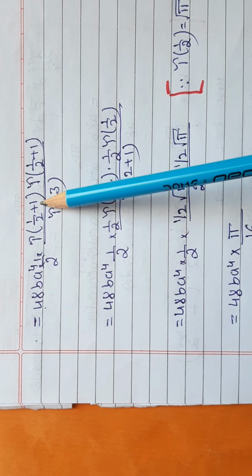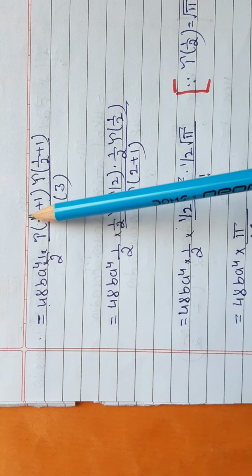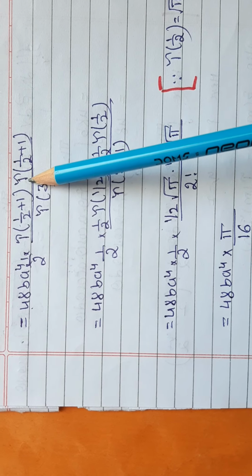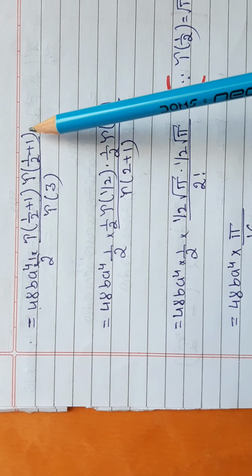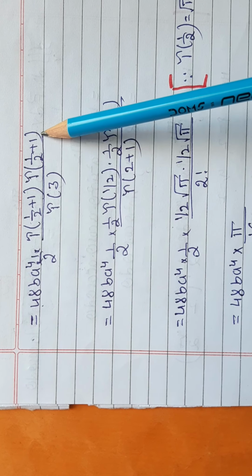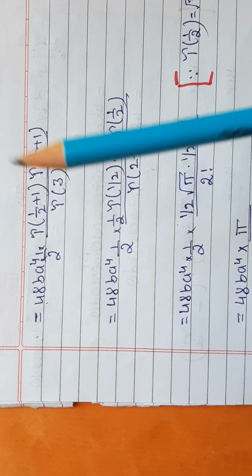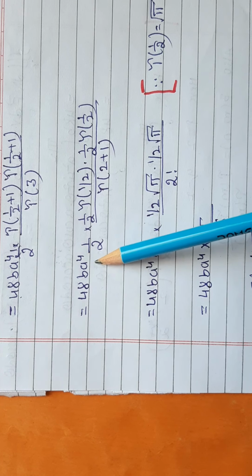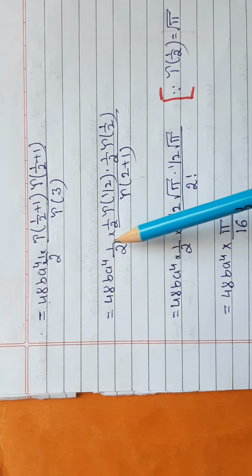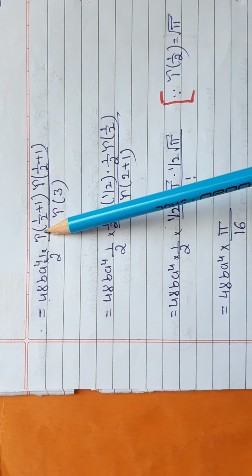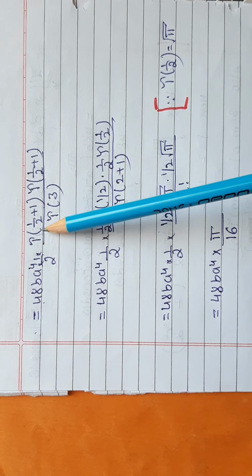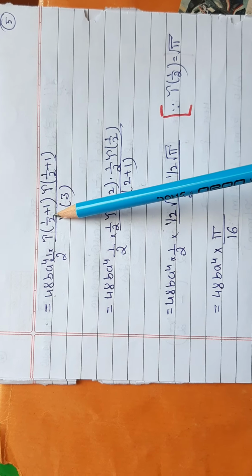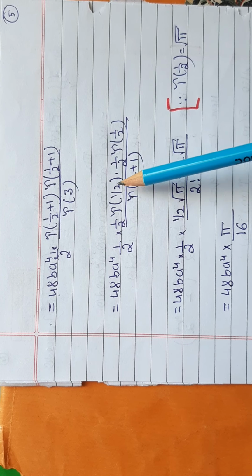Gamma of 3 by 2 can be written as gamma of 1 by 2 plus 1, into gamma of 1 by 2 plus 1, divided by gamma of 3, which is equal to 48b a to the power 4 into 1 by 2. We are applying the properties of the gamma function, which is in the form gamma of n plus 1, that can be written as n into gamma of n.